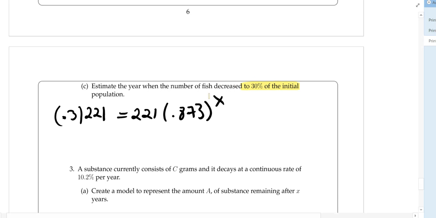So again, we're going to solve this by dividing by 221 on both sides. So we'll get 0.3 equals 0.873 to the X.